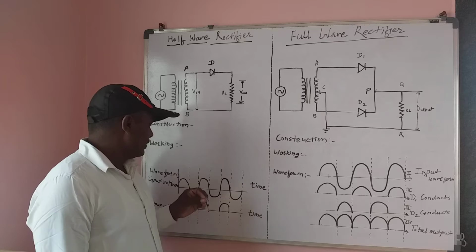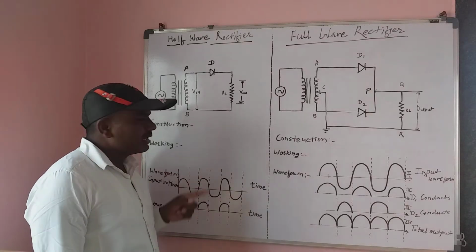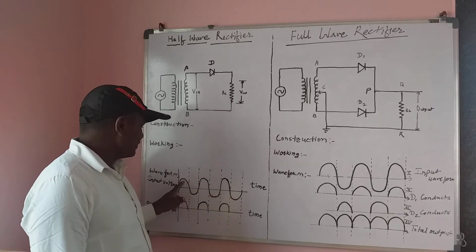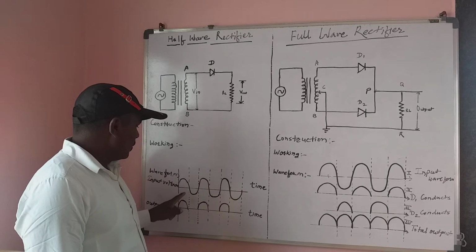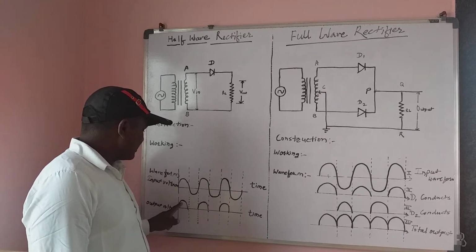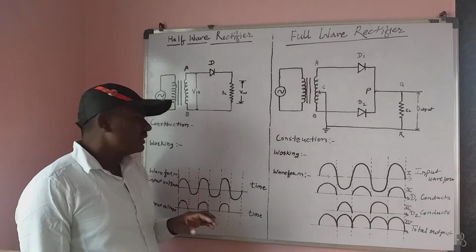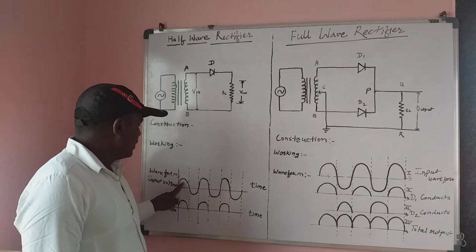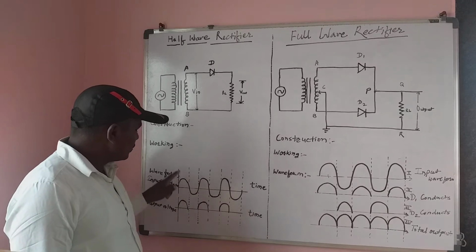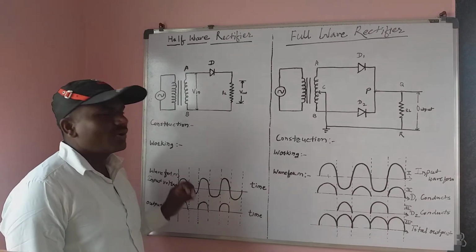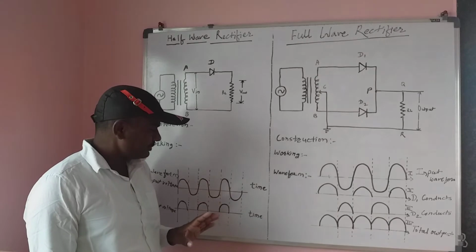That means a rectifier converts bidirectional AC voltage into unidirectional DC voltage. The conversion of a bidirectional AC voltage into unidirectional DC voltage is called rectification.